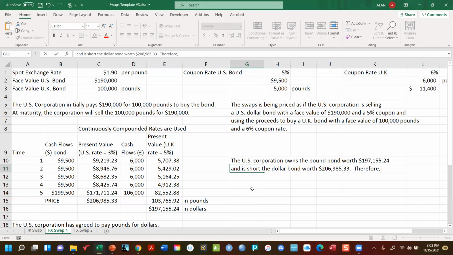Therefore, the position of the US corporation is 197,155.24 minus 206,985.33, and so the difference is approximately negative $98.30.